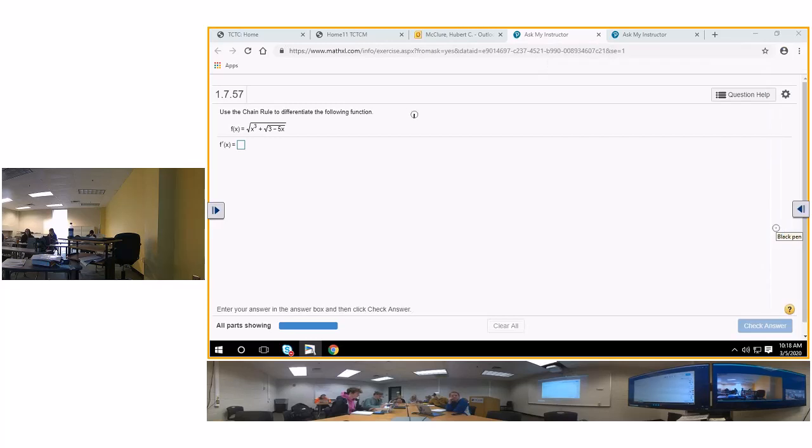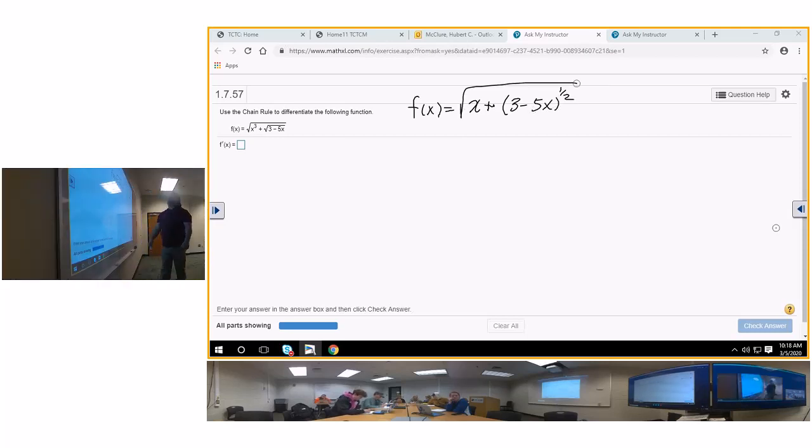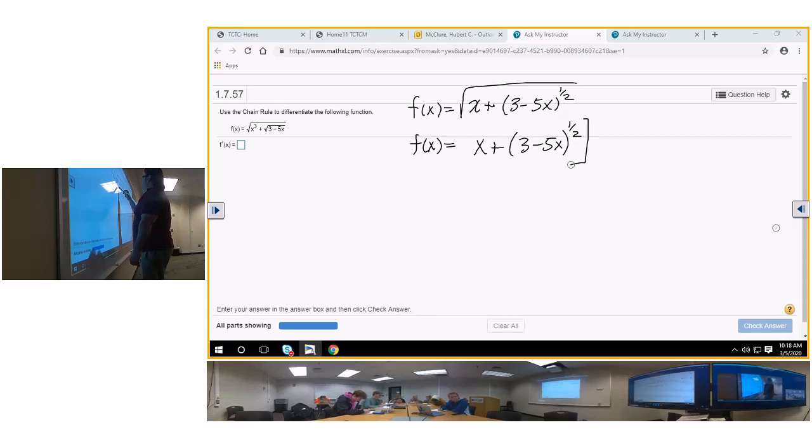So f of x is equal to x to the third plus 3 minus 5x raised to the 1/2 power, and that's the square root. And then f of x is equal to x plus 3 minus 5x to the 1/2 power raised to the what?